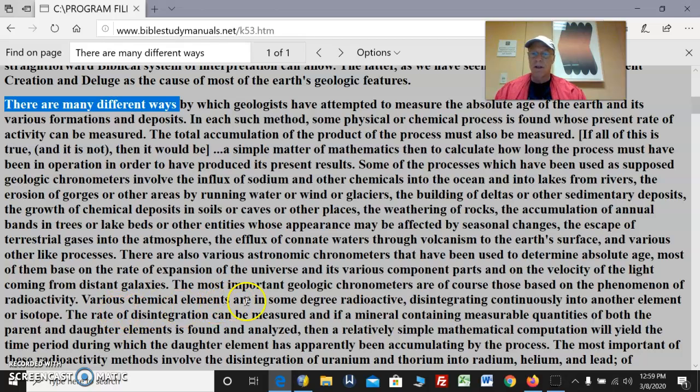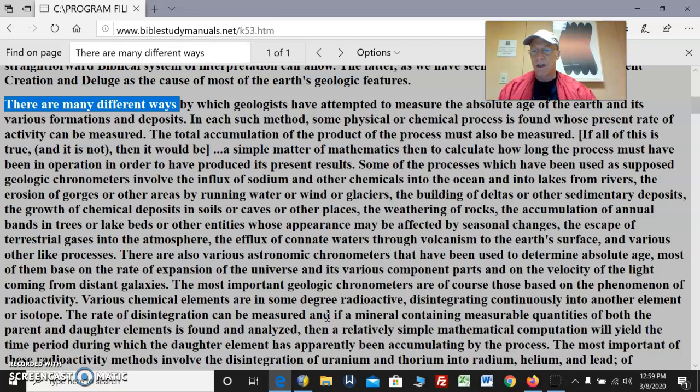Various chemical elements are in some degree radioactive, disintegrating continuously into another element or isotope. The rate of disintegration can be measured, and if a mineral containing measurable quantities of both the parent and daughter elements is found and analyzed, then a relatively simple mathematical computation will yield the time period during which the daughter element has apparently been accumulating by the process.